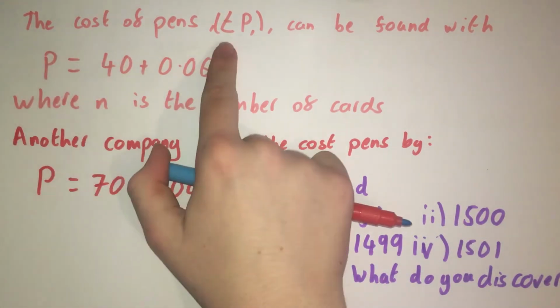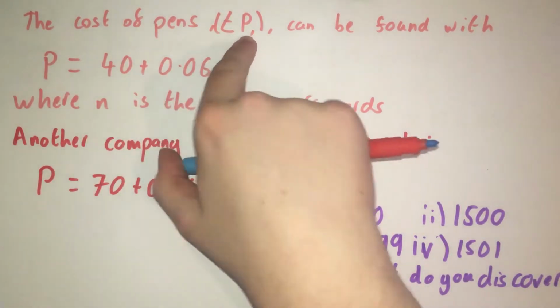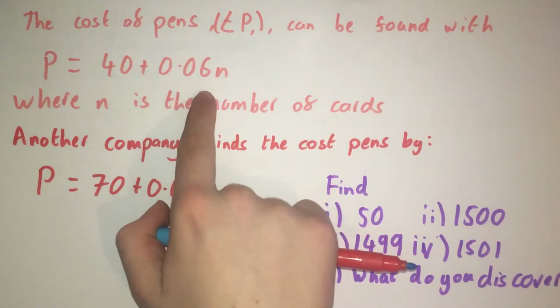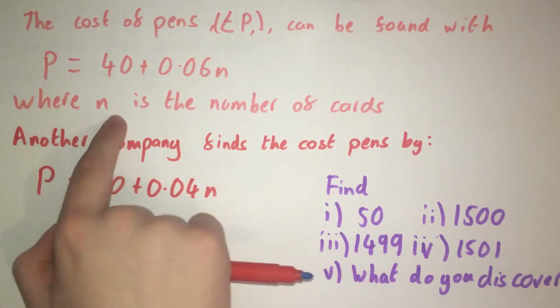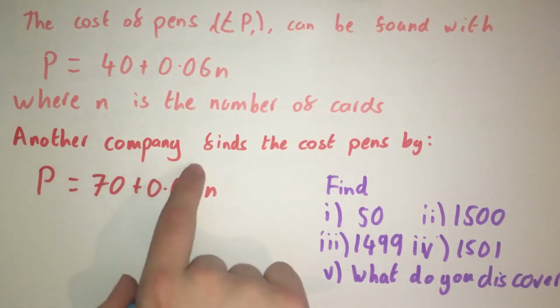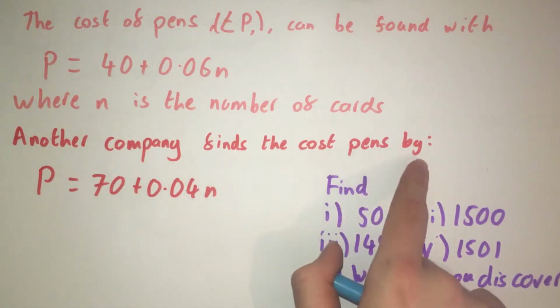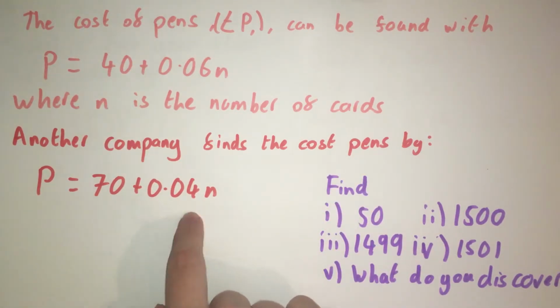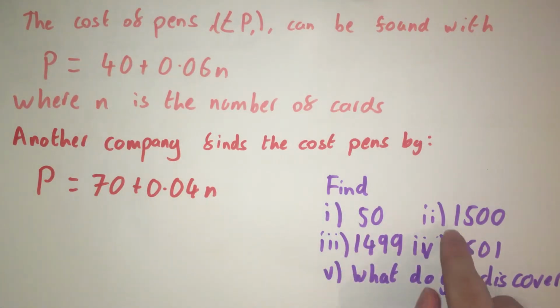Okay, so here we have another question. The cost of pens, P, can be found with P equals 40 plus 0.06n, where n is the number of cards. Another company finds the cost of the pens by P equals 70 plus 0.04n. So we need to find the cost for 50, 1,000, 1,500, 1,499 and 1,501 cards.